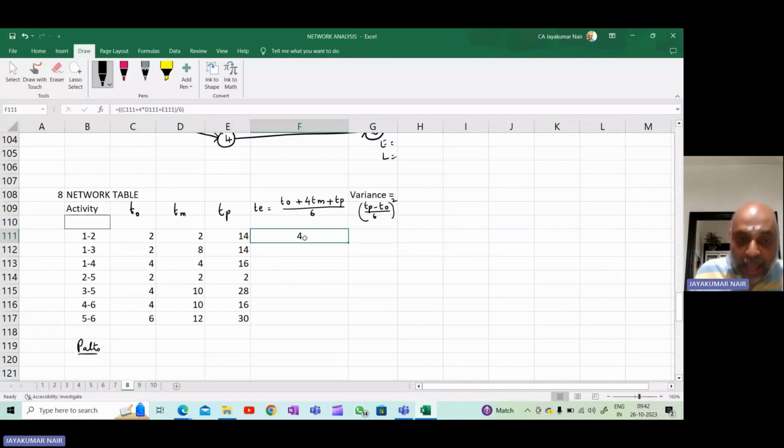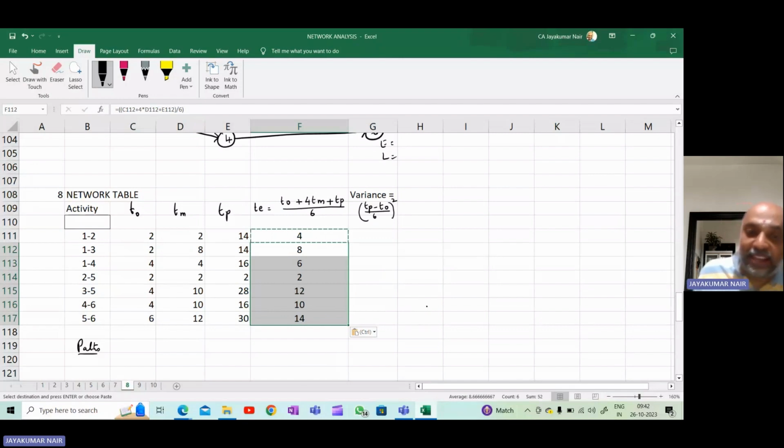I get 4. And this I will calculate for all the other activities. So the expected times for the activities are 4, 8, 6, 2, 12, 10, and 14.